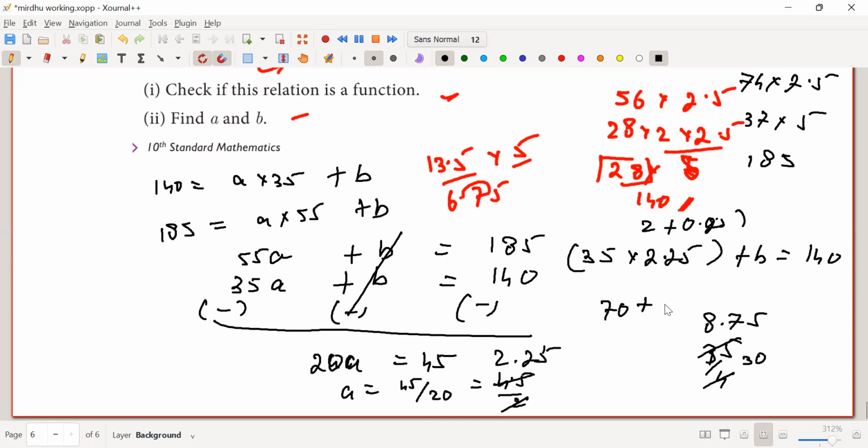So the total answer is 78.75. I can segregate the numbers and simply multiply and get this. It will be easy for you in this method.